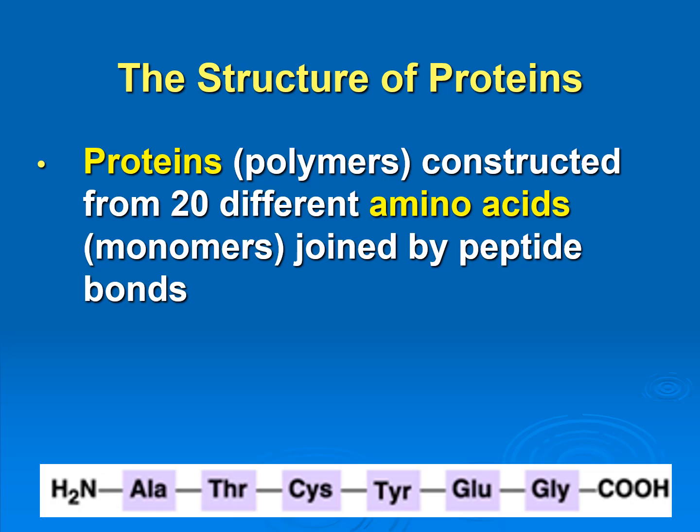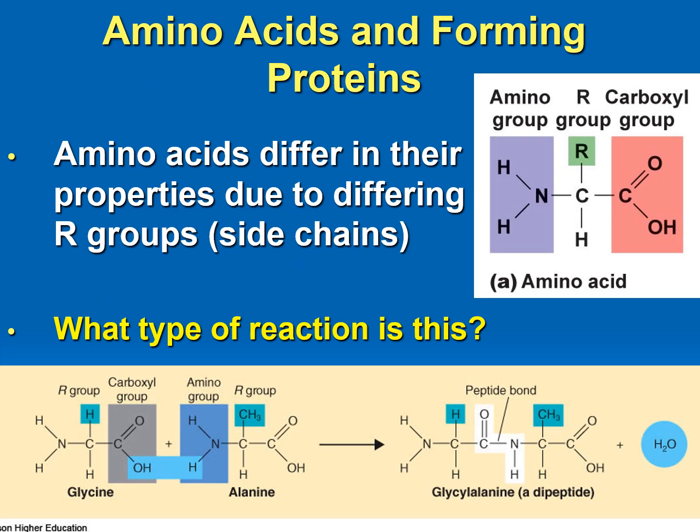With the structure of proteins, the protein is the polymer, and the monomer that makes up the protein, the subunit or building block, would be the amino acid. The bonds that join the amino acids together to make up the protein are called peptide bonds. Here's a picture of an individual amino acid.